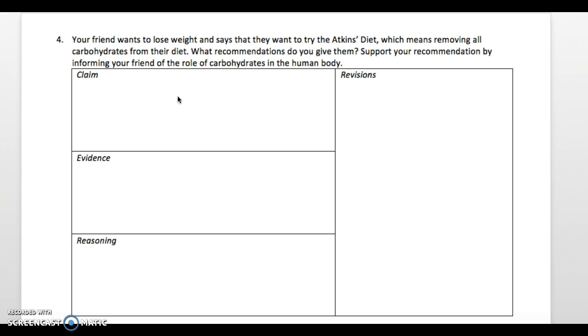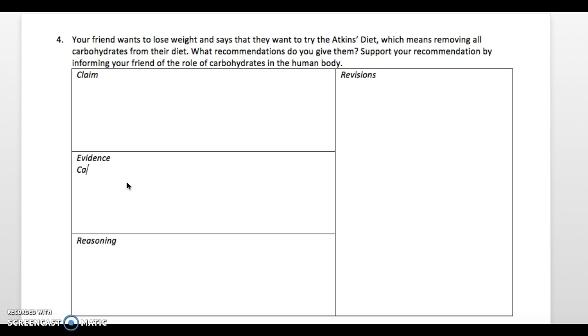Then 4 is asking about a friend who wants to go on the Atkins diet and not eat any more carbohydrates. And we need to figure out what recommendation we might give our friend, and we need to support it with information or evidence from class. So here I might think of evidence as being from the carb crazy activity again.